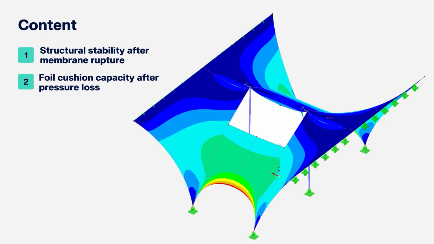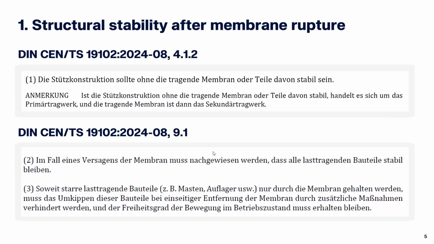case. Why are we looking at this or talking about that? Well, there is in the standard, at least in Europe, which came out last year, especially for membrane structures, it says so. I only have the German translation, but I'm going to translate the important parts to English. So the first sentence is that the supporting structure should be stable without the membrane or parts of it.